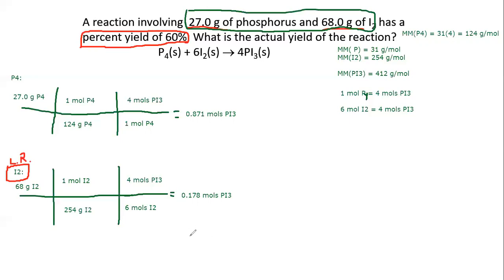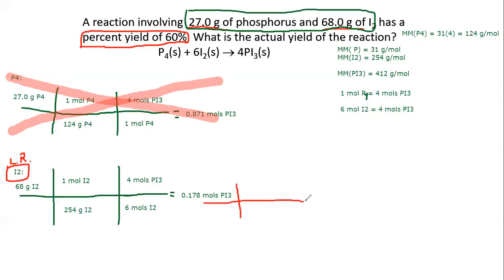So now we can disregard everything about P4. Just put an X through that. And now we can convert moles of PI3 into mass of PI3.